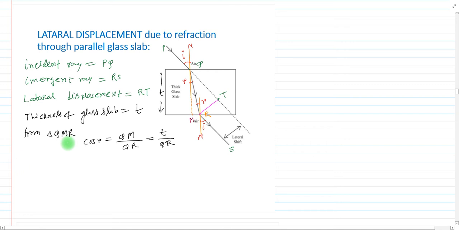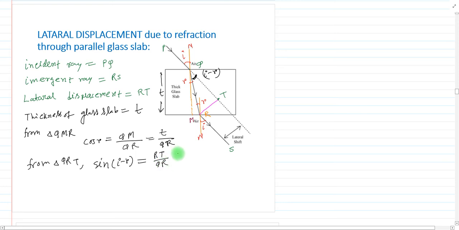Now from another triangle, triangle QRT, if we want to write sine, tell me, how much is this angle? This one will be i minus r, right? The total angle is i, so this angle will be i minus r. So sin(i minus r) equals height by hypotenuse, meaning RT by QR.